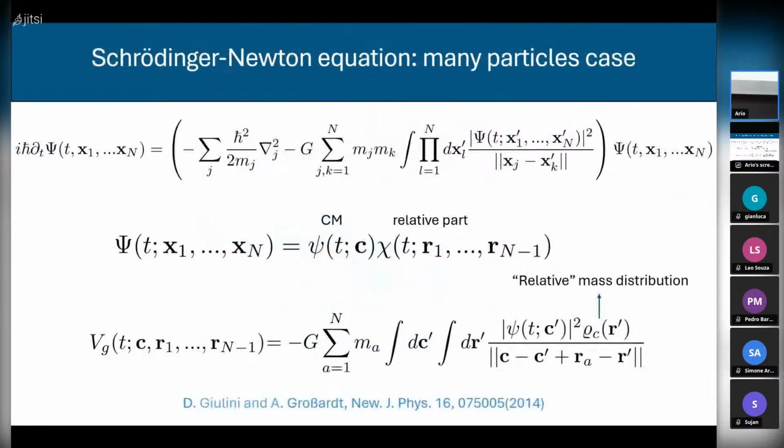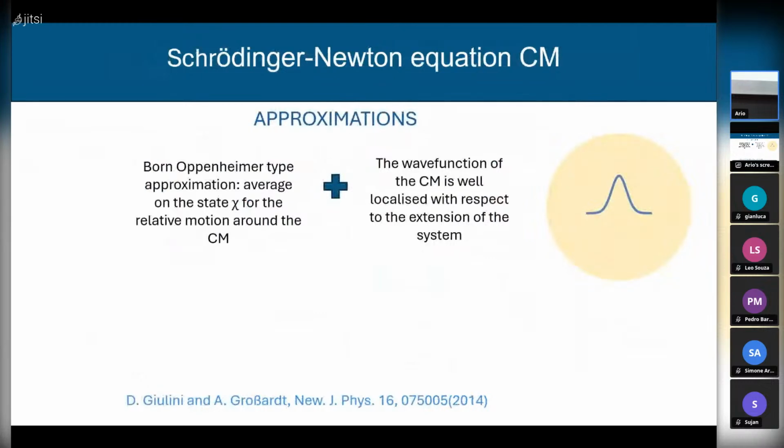So at this point, to have an equation for the wave function of the center of mass, we have to do some approximation. What was done previously in the literature is mainly these two kinds of approximations. The first one is taking an average on the relative motion around the center of mass, so on this chi wave function that I defined before.